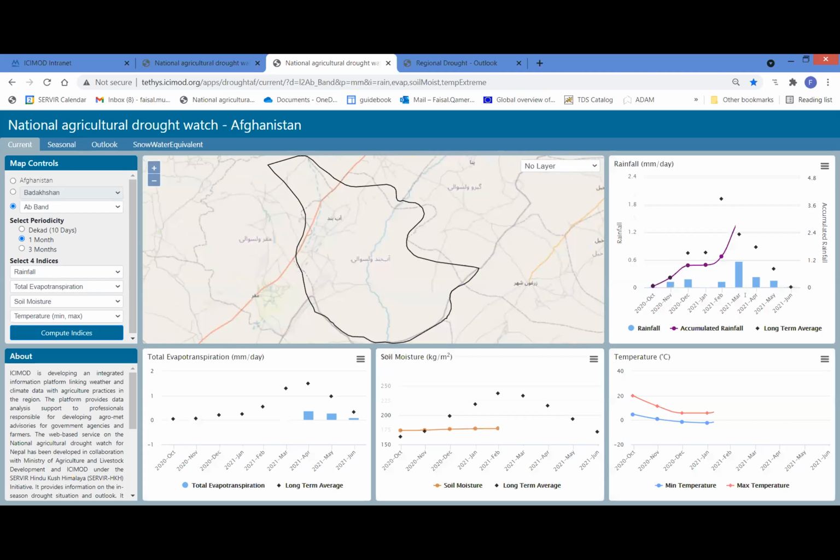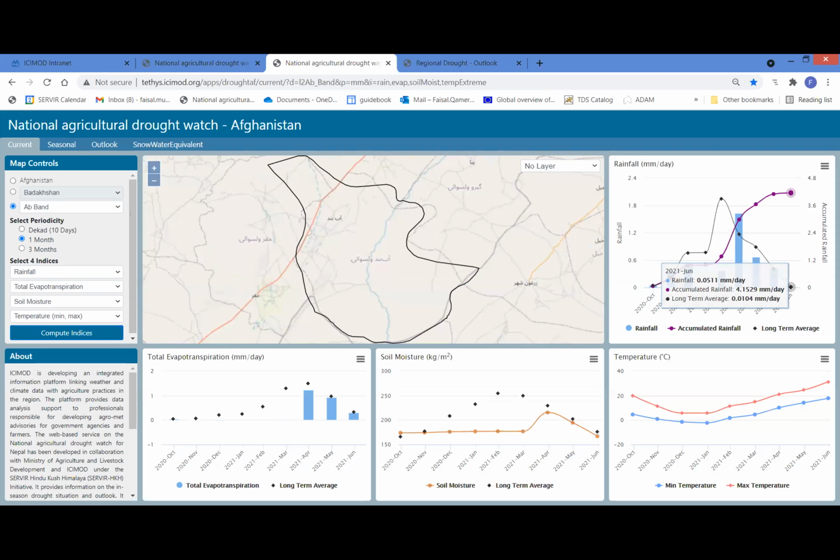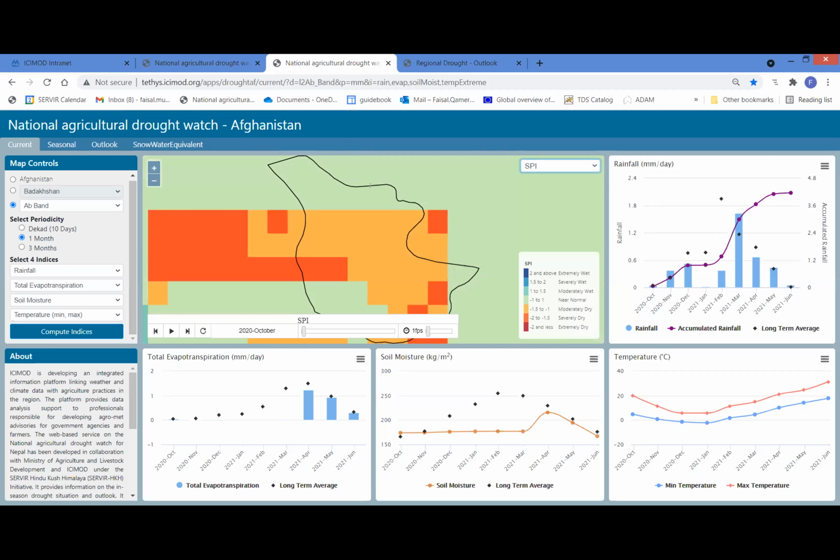One important thing to mention is that in the case of Nepal and Pakistan, other than rangeland areas, they are all masked to the agriculture areas, so you are looking only at agriculture area. But in the case of Afghanistan, you are looking at both pastures as well as agriculture areas.